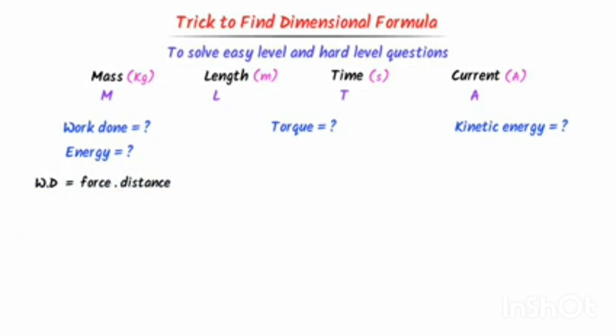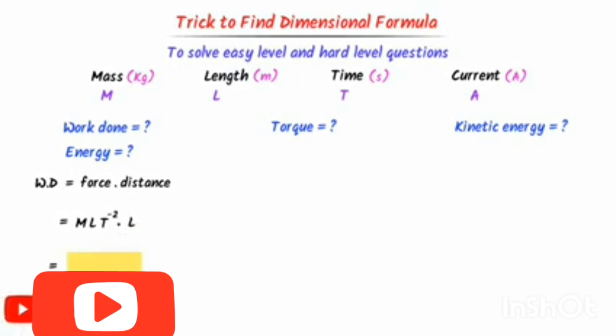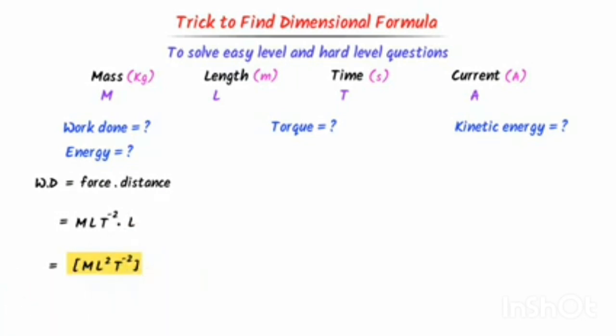We have already calculated the dimensional formula of force, which is M L T^-2, and the dimensional symbol of distance is L. I get M L^2 T^-2. Hence the dimensional formula of work done and energy is [M L^2 T^-2].